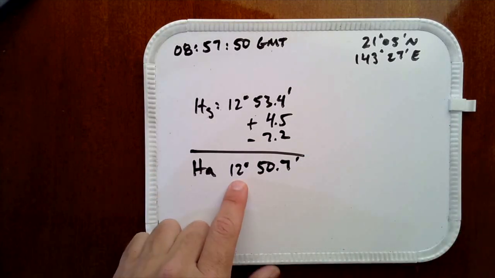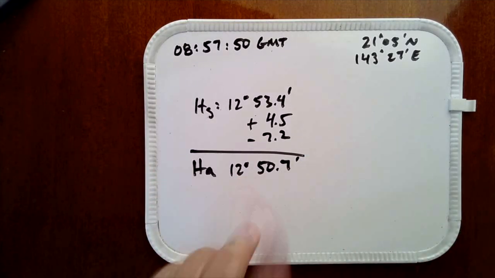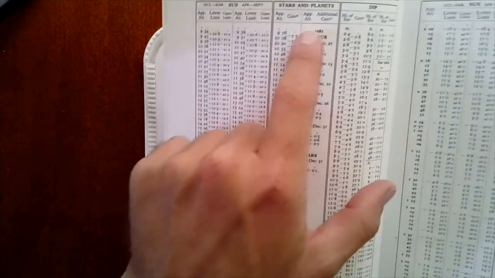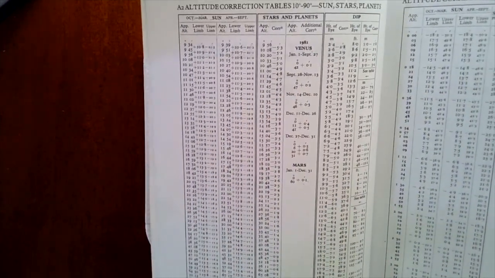Now this is not a low altitude sight, but it's pretty low, so just always be aware of that. The other things we've got to do is look for Venus corrections. So we're going to do our star and planet correction and additional Venus correction if necessary.